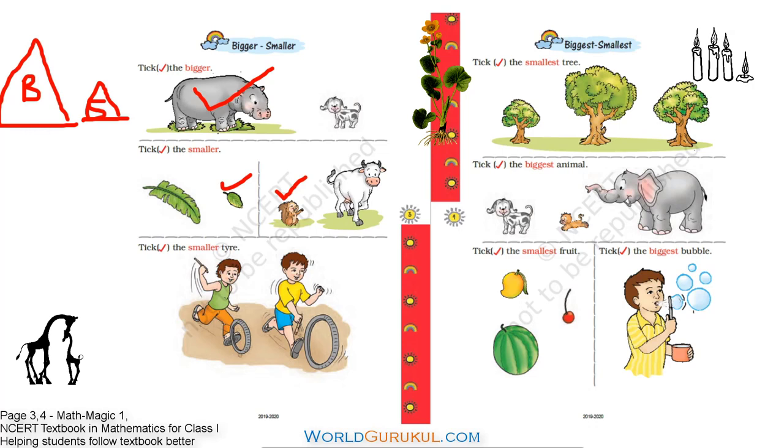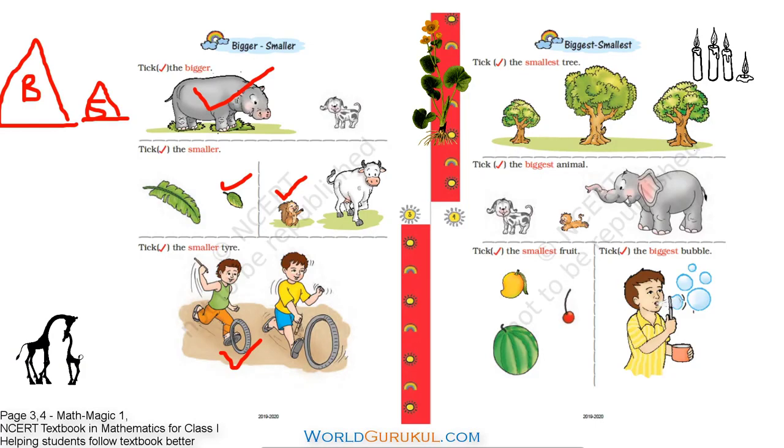This is one tire, this is another. This is small on the left side. When these two are compared, this is smaller. So let us tick here. This is smaller, and this one is bigger, right?